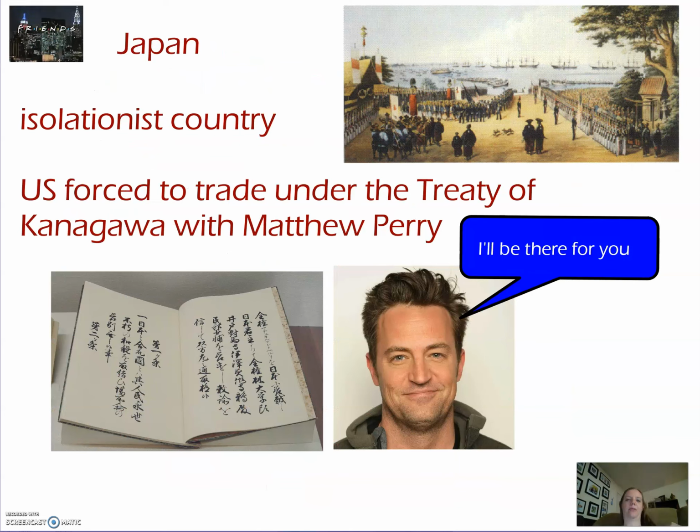All right, so Japan, you have your little Matthew Perry up here.